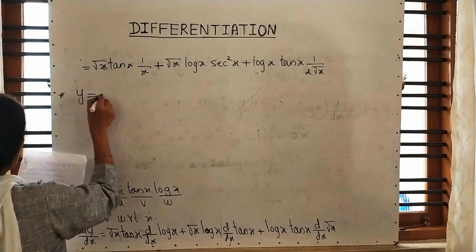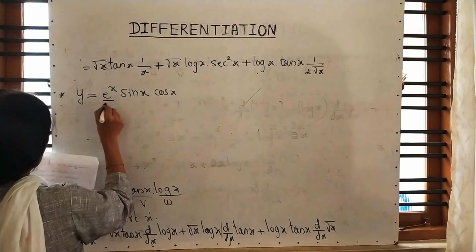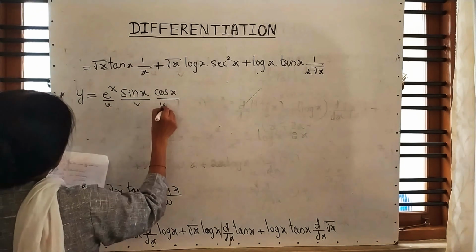Next, y is equal to e raised to x sin x cos x. This is u, this is v, this is w.